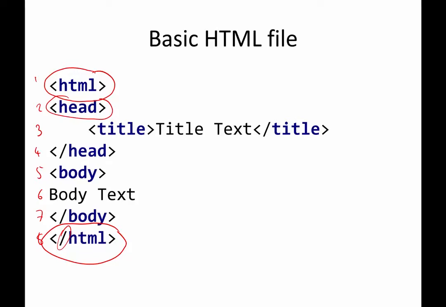So there are lots of things we could put in there. And the main body starts here. Everything between the body start tag and the body end tag will be our main web page. So all the rest here is just kind of admin stuff.